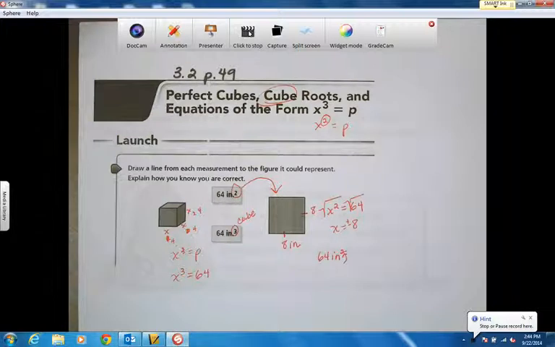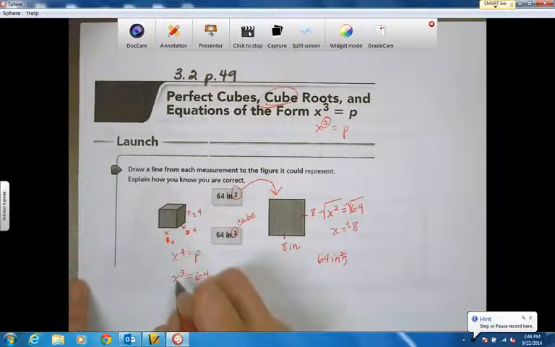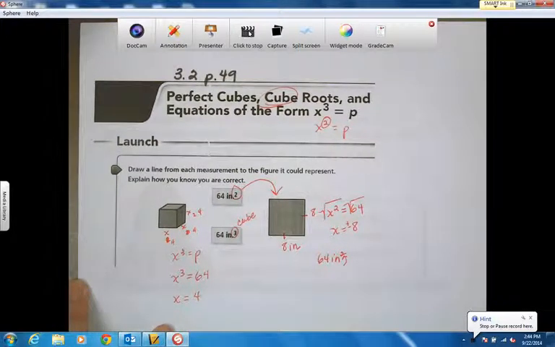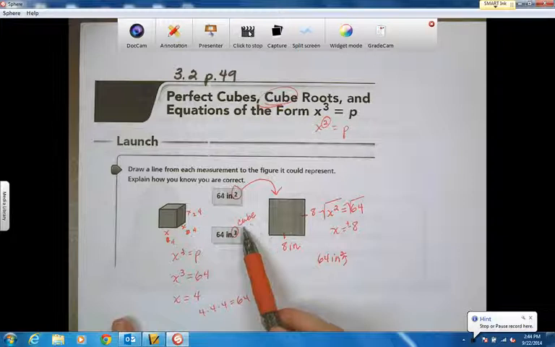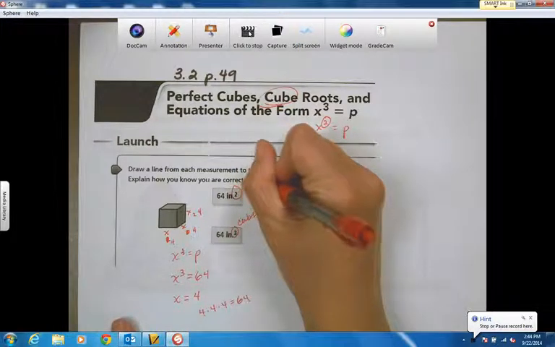So I say, okay, each side here is 4, because 4 times 4 times 4 is 64. That's the difference between a cube root and a square root, and that's where these come from, this idea of a square and a cube.